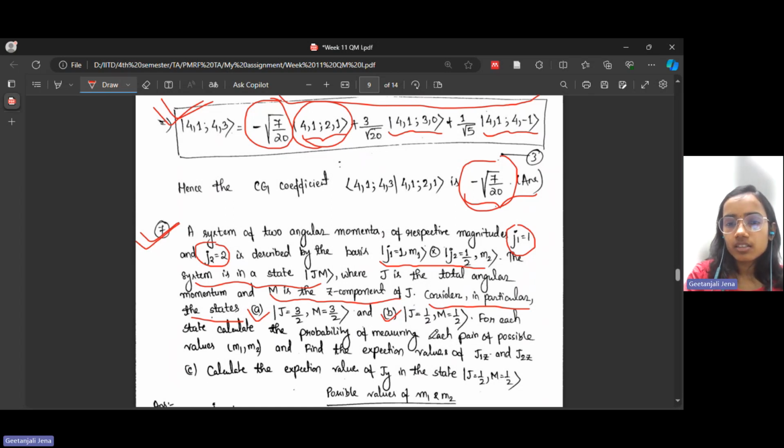So for each state, you now have two different coupled states.